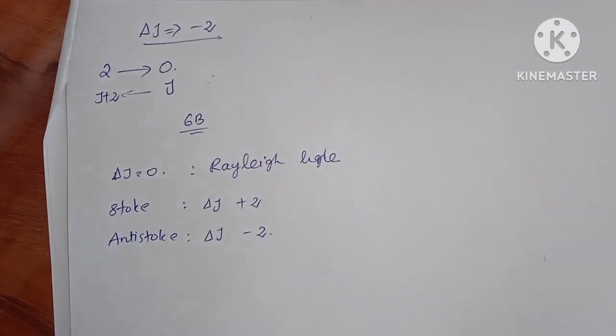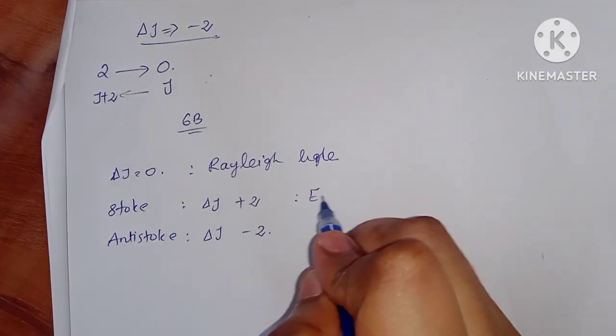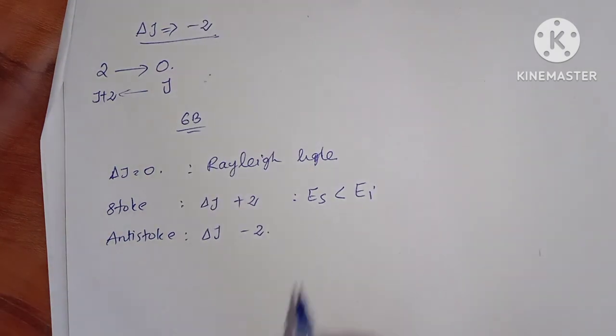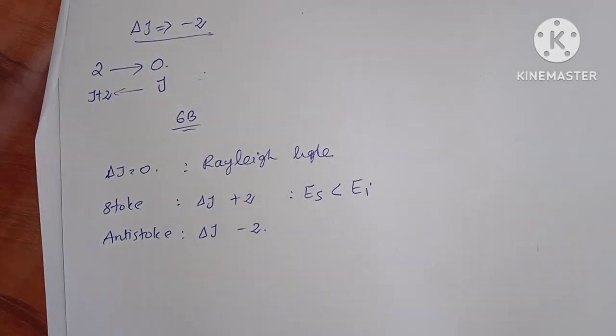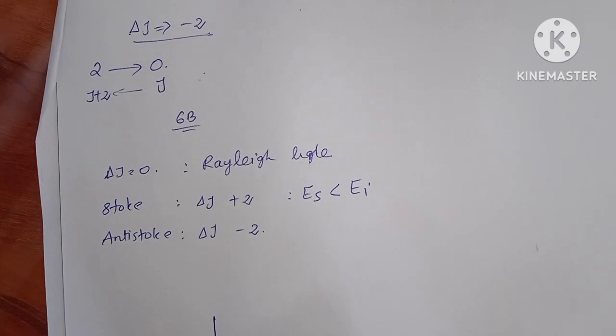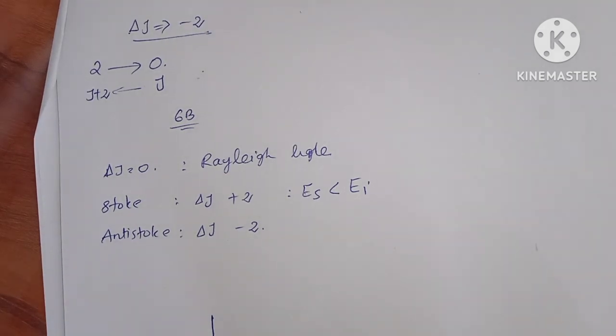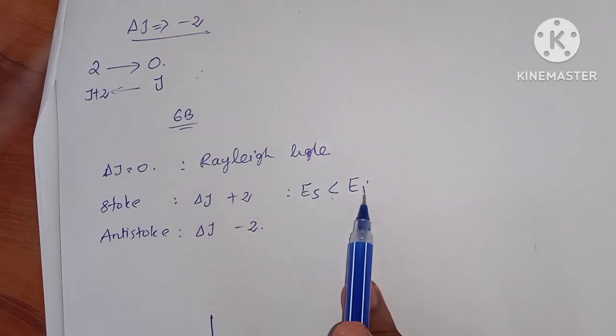Now we know that for Stokes lines, the energy scattered is less than the energy of incident radiation. If the Rayleigh line indicates the incident radiation, where mu bar I means the energy of incident radiation, the Stokes line is less than that.